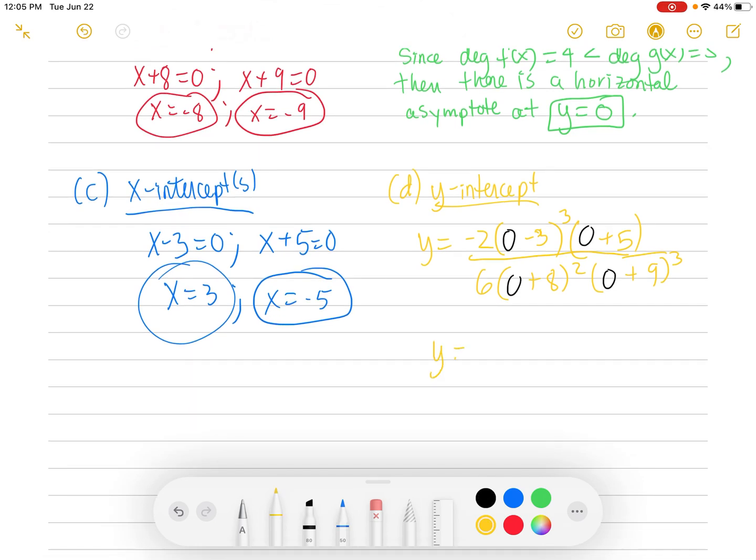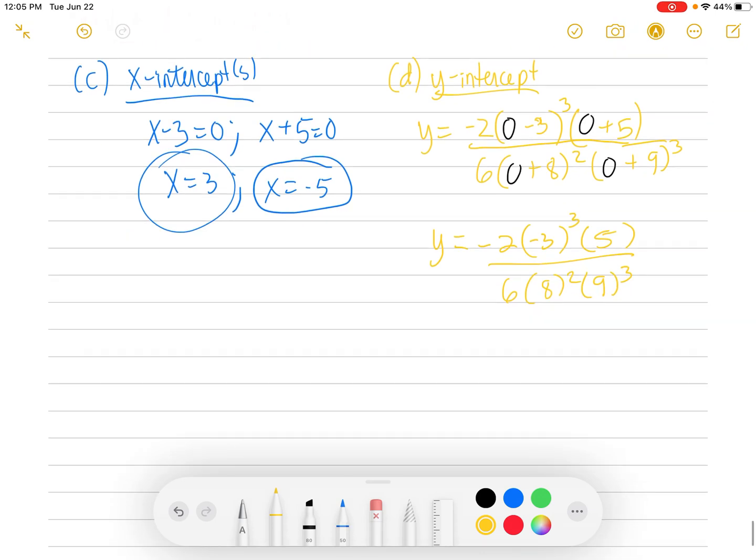So I'm going to plug in zeros for my x's. I'm going to have a 0 here, a 0 here, a 0 here, and a 0 here. Now this is going to probably get really nasty. We got negative 2. We're going to have negative 3 to the 3rd power times 5. We're going to have 6 times 8 squared, and then 9 to the 3rd power. This is going to be really nasty.